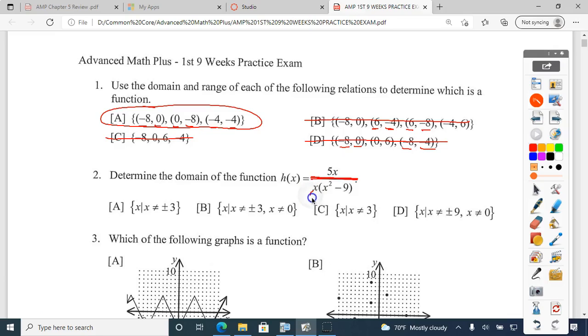Obviously x can't be 0, and x squared minus 9 could not be 3 or -3, because -3 squared is also 9, minus 9 gives 0. So choice B is correct.